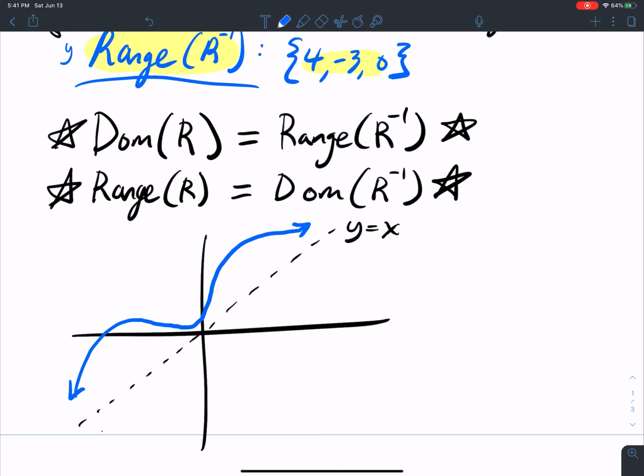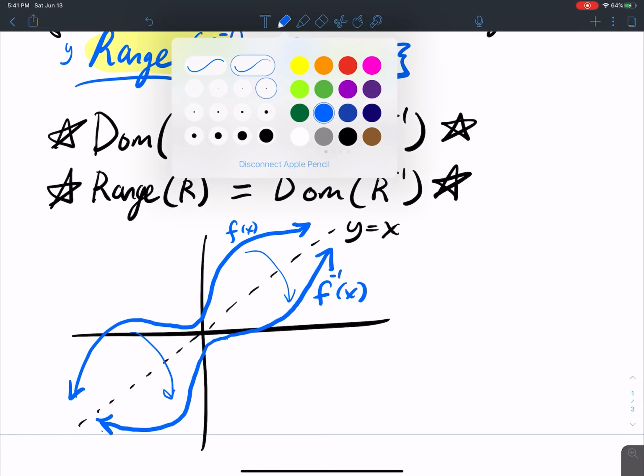Let's see if I could do it better. Well, I'm trying. So I'm trying to reflect it across, but that's the idea there, okay? So if this is f of x, this is f inverse of x there, okay? So literally the values are flipping around.